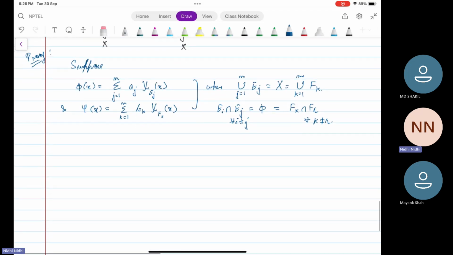This is how we define two distinct step functions.